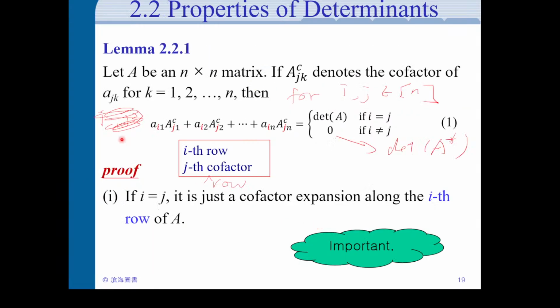Then from that property, we prove this lemma, saying that if we have this weird ith row and jth row cofactor product, and i is not equal to j, then this is equal to 0.